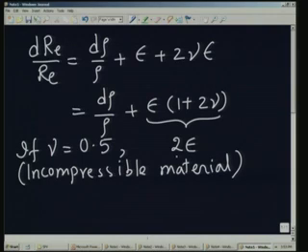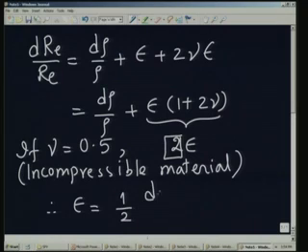Okay. So, you can see that this 2 is the factor which links the change in the resistance divided by resistance equal to 2 epsilon, and therefore, you can see that epsilon is equal to half of dRe by Re.